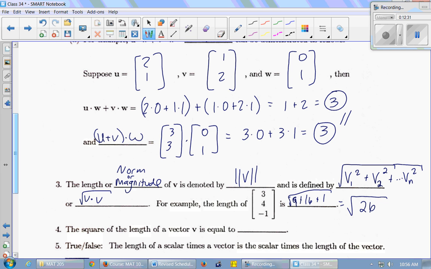So if you were going to square the length of a vector, looking at this equation, the length is the square root of v dot v. If you square that, the square root cancels with the square, and you just get v dot v.